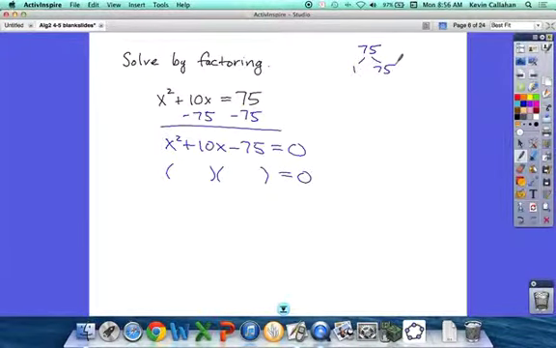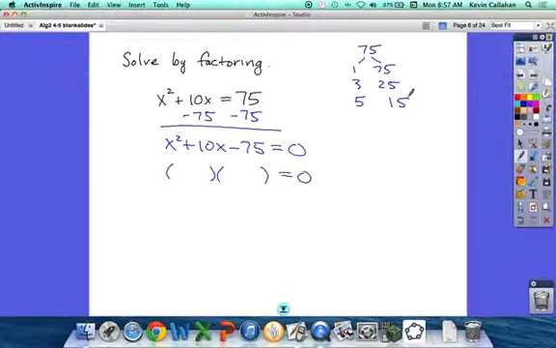Could it be 2 times something? Is 75 divisible by 2? No. How about 3? 3 times 25. How about 4? No, because it'd have to be even, right? Can't be divisible by any even numbers. How about 5? 5 times 15.